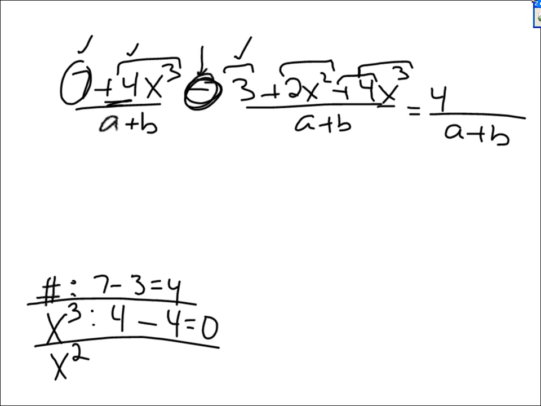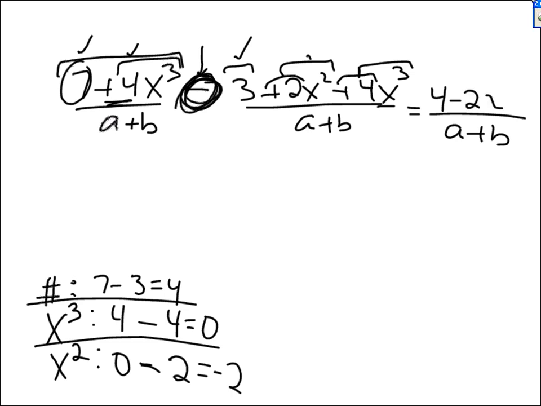You don't have to write that down. And when it comes to x squares, on the first fraction, I have none. I have 0x squared. And I am taking away positive 2. 0 take away 2 is negative 2. Negative 2 what? Negative 2x squared.